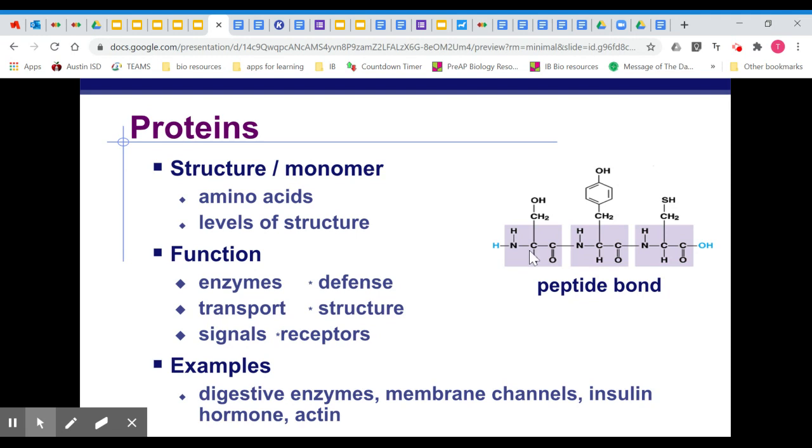So you get this nitrogen, carbon, carbon, nitrogen, carbon, carbon backbone. And then you have varying side groups. So you might get some sulfur in there, or it might just be carbon and hydrogen, or just hydrogen, or carbon, hydrogen, oxygen. But the main identifying molecular structure is that NCC backbone.